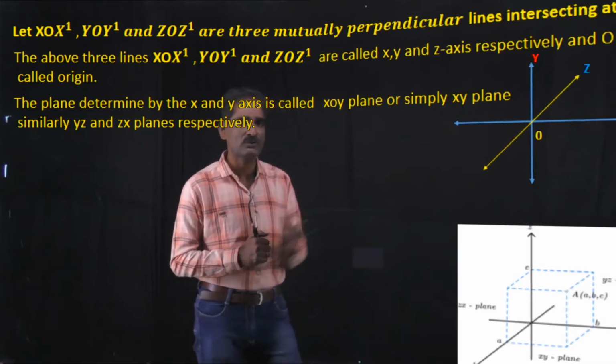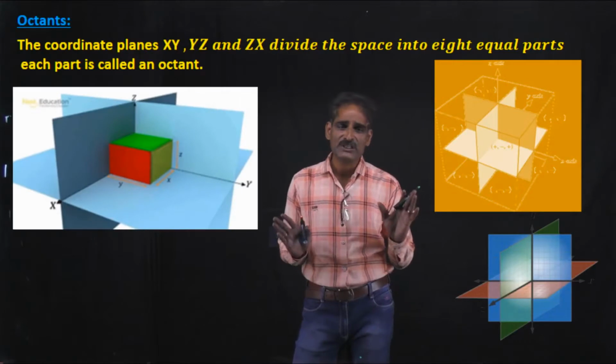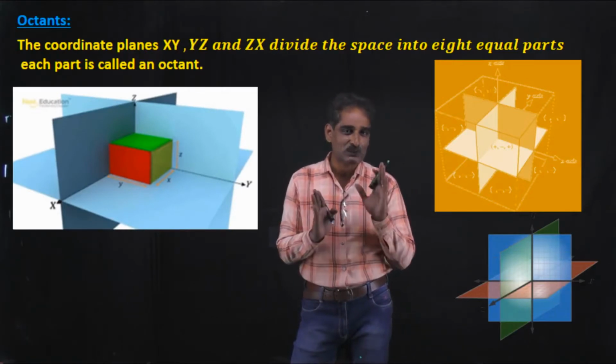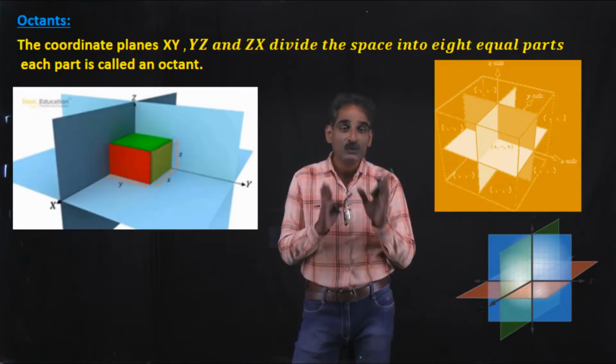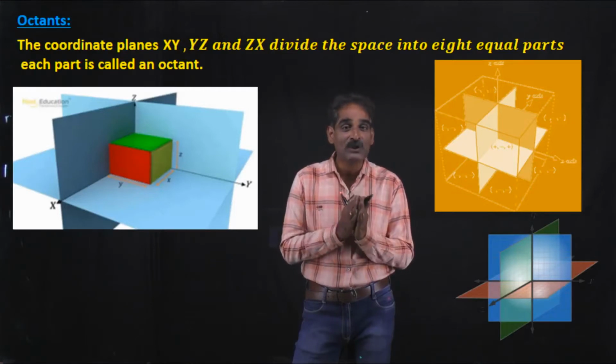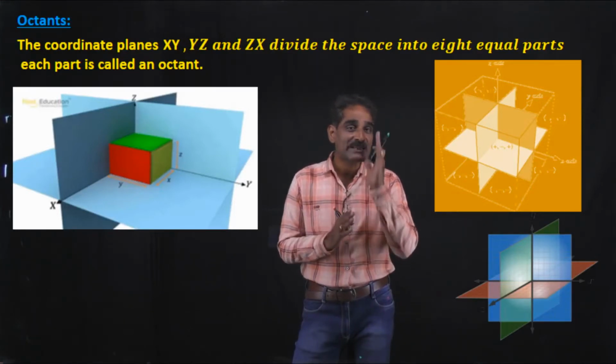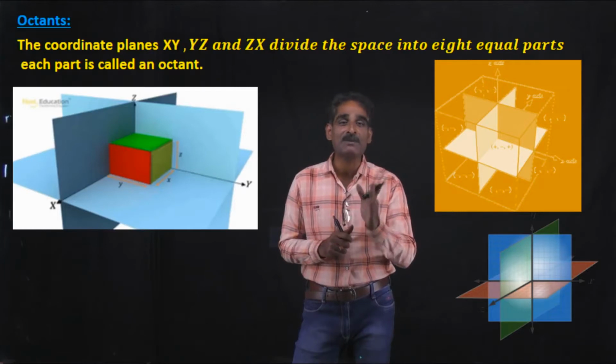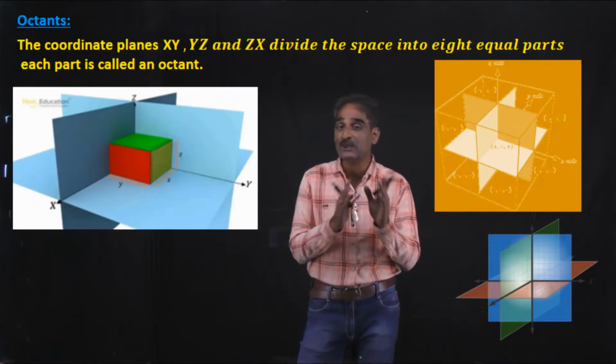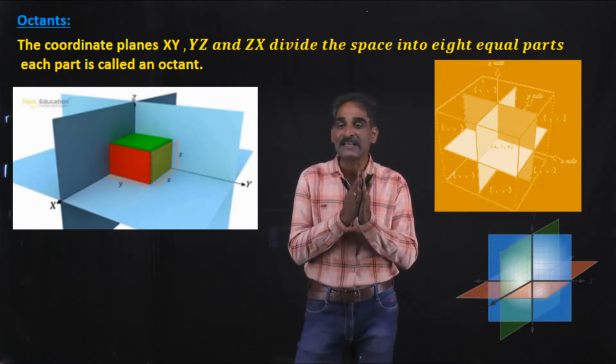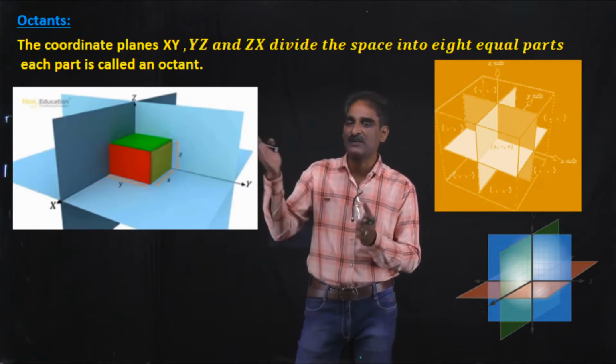Already we discussed the coordinate planes XY, YZ, ZX. Those planes are mutually perpendicular. They divide the whole space into 8 equal parts. You can see this figure.